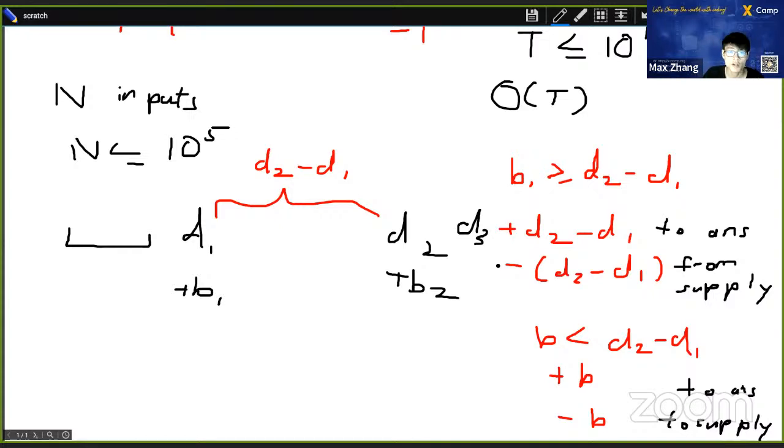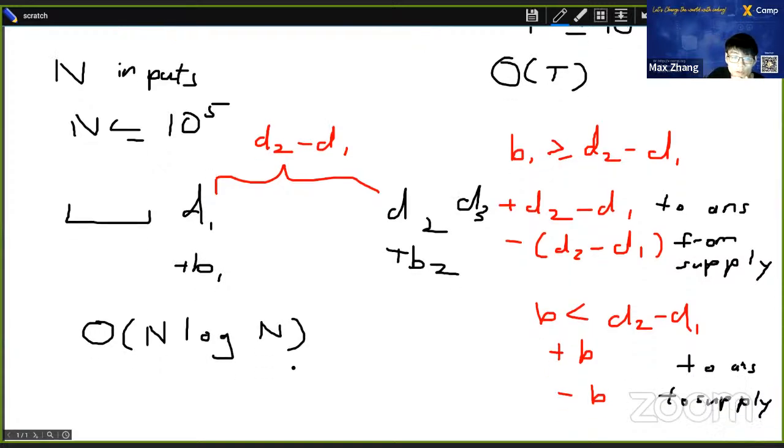By doing this, we only have to visit each of the N days where something changes, and then we can quickly simulate in between by adding the appropriate amount to our answer and taking away from our supply. And so this gets us to an O of N solution. Actually, I think we might need O of N log N because we have to sort the initial inputs of Di and Bi.